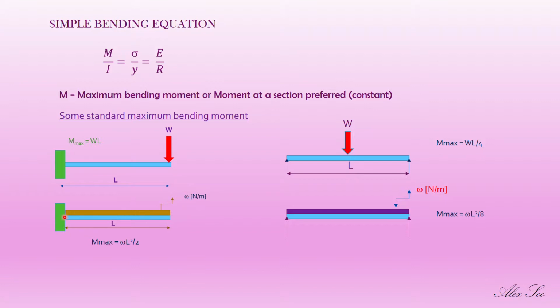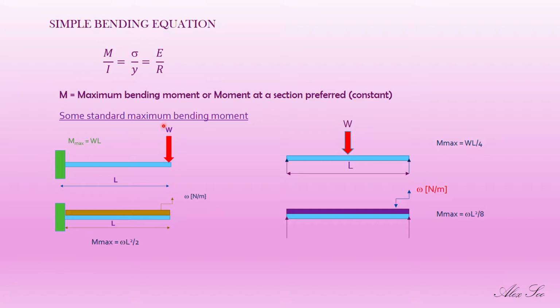The maximum bending moment appears here at my laser pointer, and the formula is omega L to the power of 2 over 2, where omega is the uniformly distributed load in Newton per meter. W is in Newton, omega is in Newton per meter.